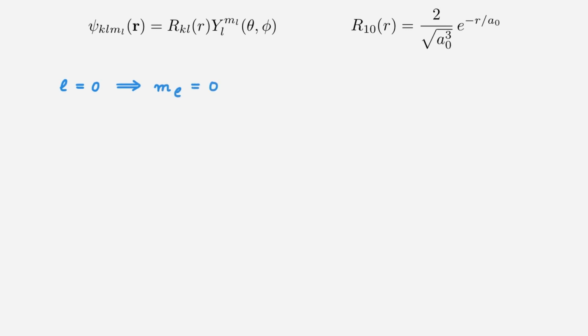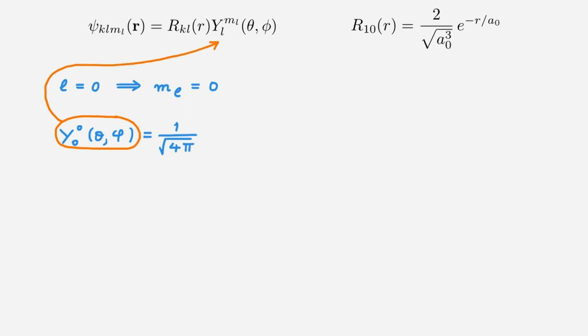Using the results from the video on spherical harmonics, Y00 is equal to 1 over the square root of 4 pi. We can insert this expression for the spherical harmonic all the way up here, and this expression we just found for the radial function into this term.